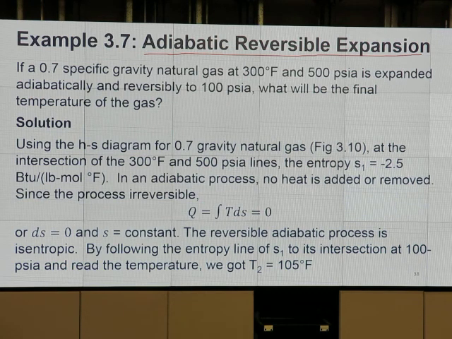What is an adiabatic reversible process? What state is constant in that process? Entropy, enthalpy, pressure, volume, or what? Did you come last time? Yes. We talked about that, did we?